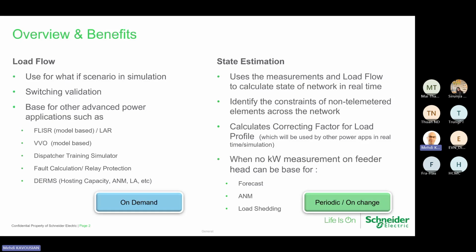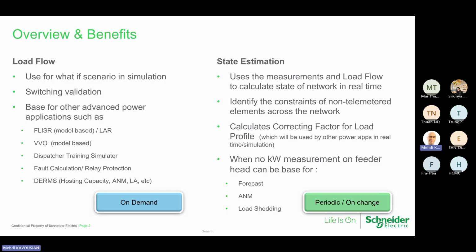I was explaining this morning that our applications in the ADMS are using the same kind of foundation. For example, we have a dispatcher training simulator, which also uses load flow. In the simulator, we say, okay, you shuffle the load or transfer the load from this feeder to the other one, and it automatically runs the load flow and shows how the measurements would change in real time. I think maybe you saw it last week.